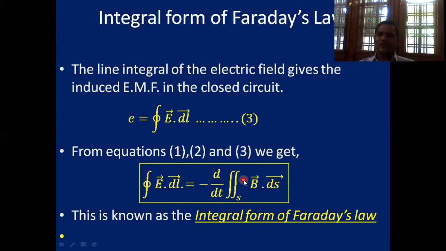But we have phi equal to the surface integral of B bar dot ds bar. Substituting that, the closed integral of E bar dot dl bar equals minus d by dt of the surface integral of B bar dot ds bar, which you can write as minus the surface integral of dou B bar by dou t dot ds bar. This is known as the integral form of Faraday's law.